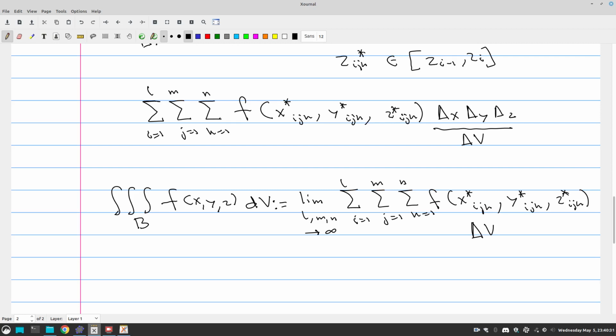This is how the triple integral is defined over the box.